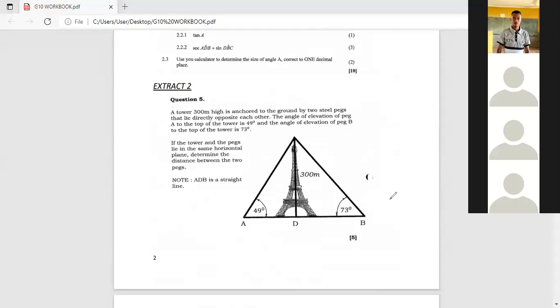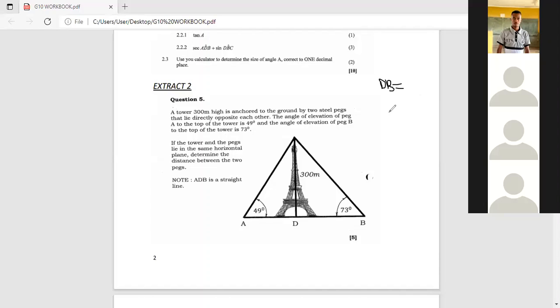What is the answer? DB is equal to 91.72.